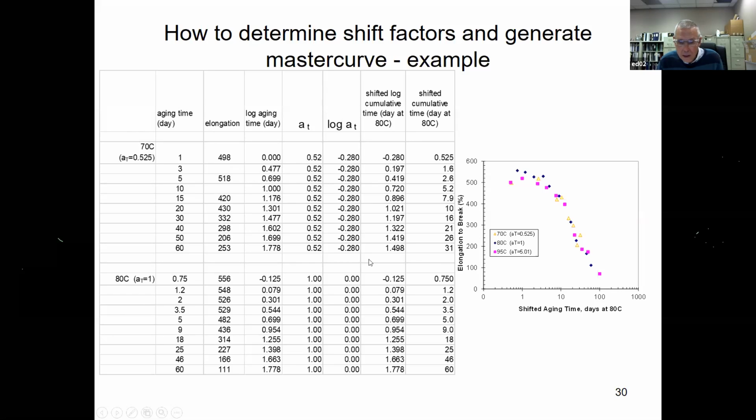And then instead of 50 days, it's now 26 days. So the 70-degree data used to be out here, and now it's shifted onto the shifted time in days at 80 degrees C. Okay.